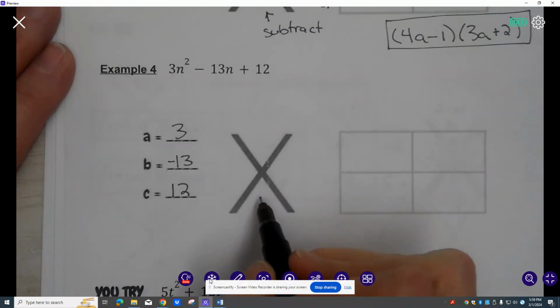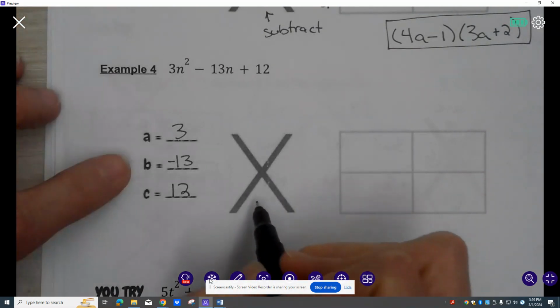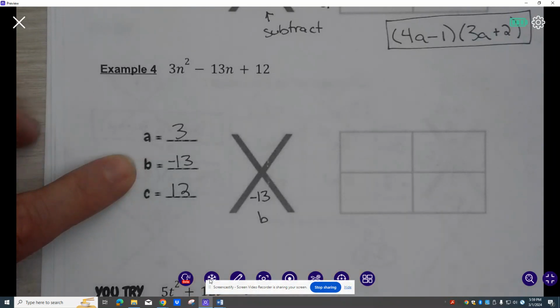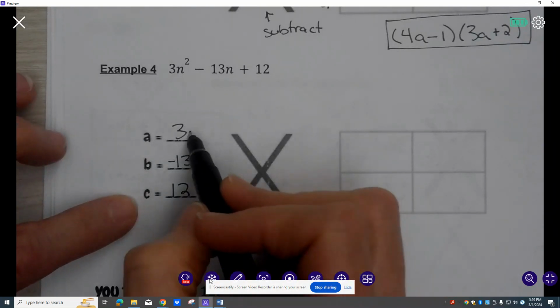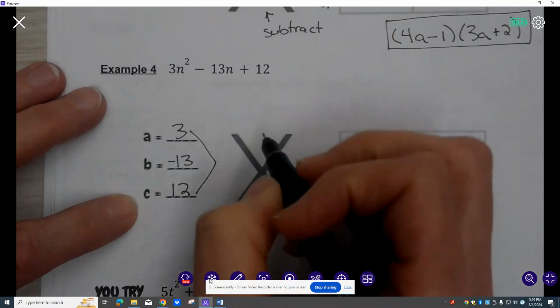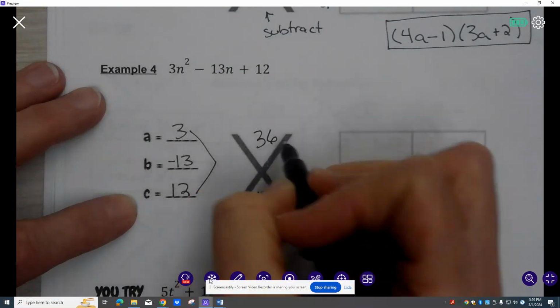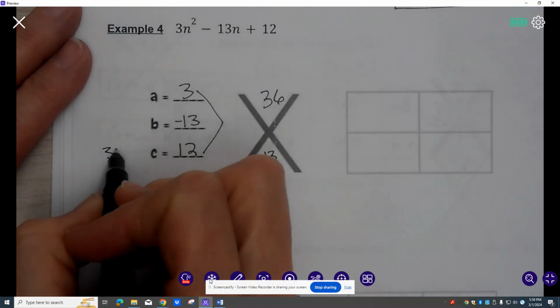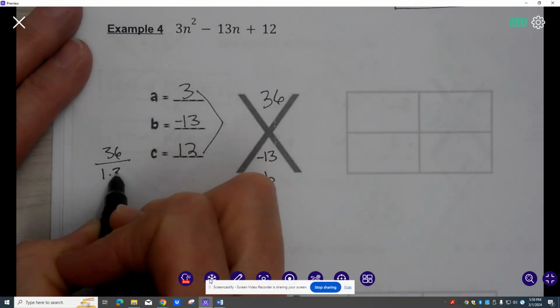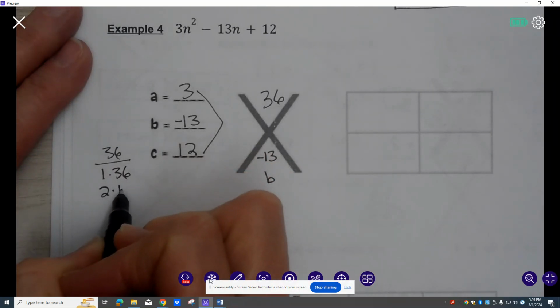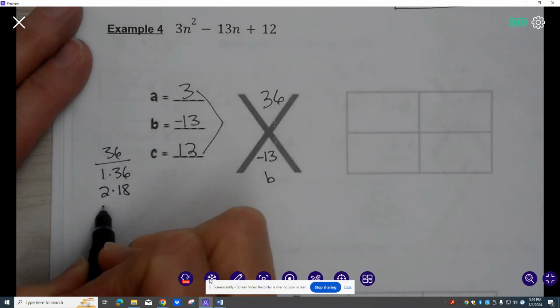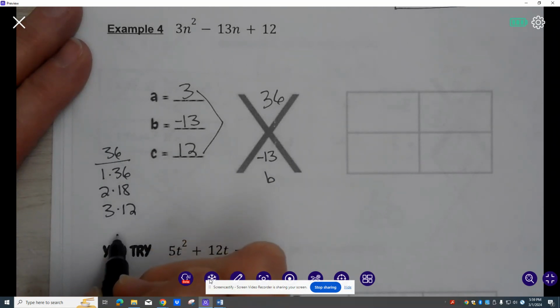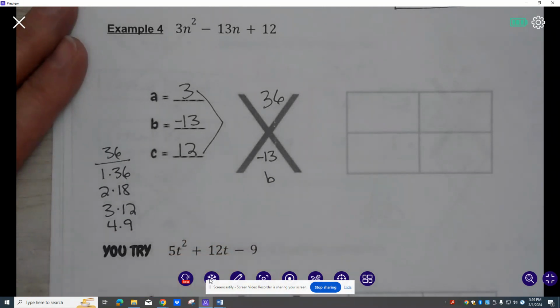Okay, bottom of the X is my B, which is negative 13. Top of the X is my 12 times 3, which is 36. Okay, 36 has a fair amount of factors. 1 times 36, 2 times 18, 3 times 12, 4 times 9.